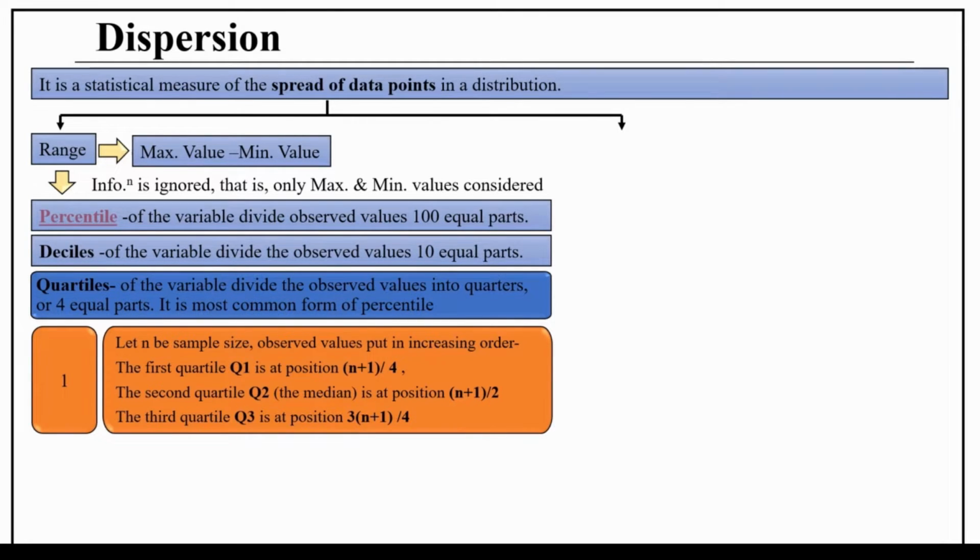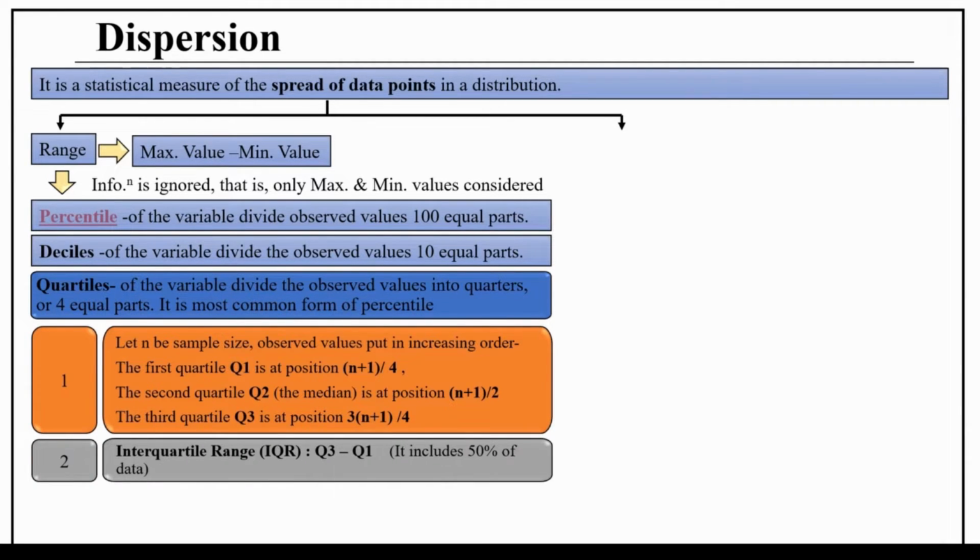The second quartile Q2, which is the median, is at position n plus 1 divided by 2. The third quartile Q3 is at position 3 into n plus 1 divided by 4. Now interquartile range is the difference of the values at Q3 and Q1, and it includes 50% of the data.